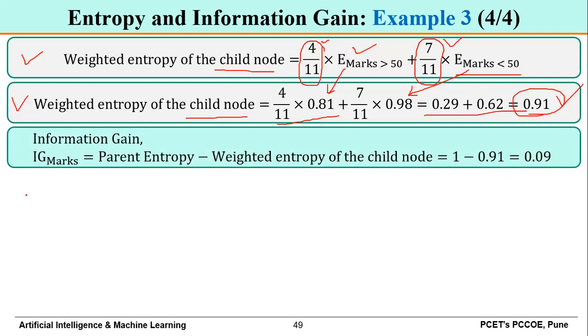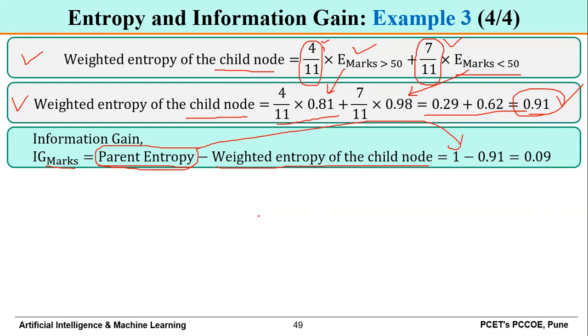Information gain for the marks is equal to the parent entropy minus the weighted entropy of the child node. Previously we calculated the parent entropy and got its value as 1.